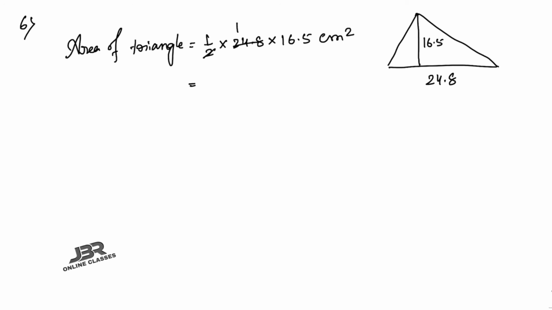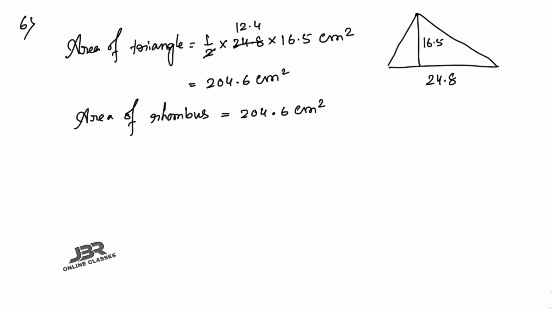So it will equal 12.4 into 16.5, which is 204.6 centimeter square, and that is also the area of the rhombus, because both are equal.